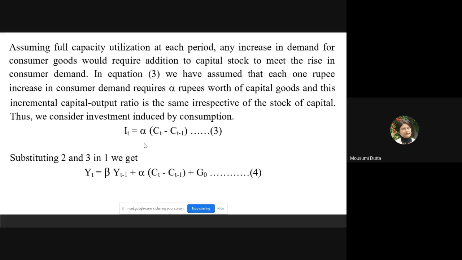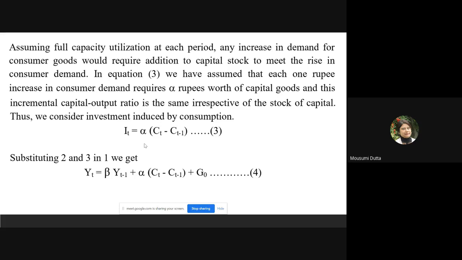Okay, so if there is a gap between the two, investment will be magnified, as we learned by acceleration principle. Now, what is the value by which it will be magnified? This value is alpha, which we call the capital output ratio, and this alpha remains constant across the periods.